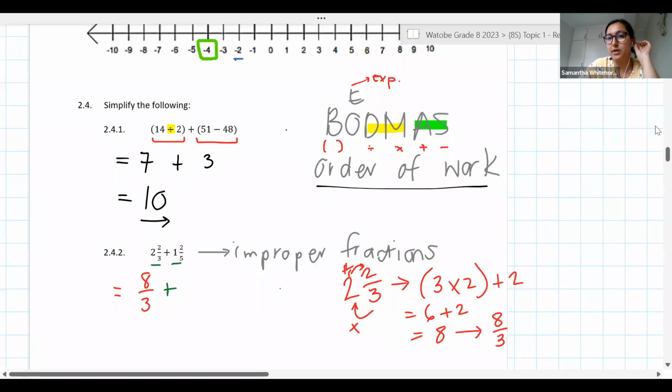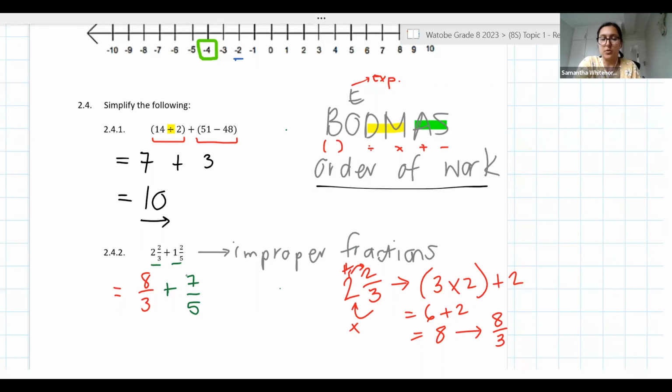Yeah, I hope I say your name correctly. If I don't, correct me. Watobe, what does it give me? Ma'am, it gives you 7/5. Perfect. 7/5. Excellent.